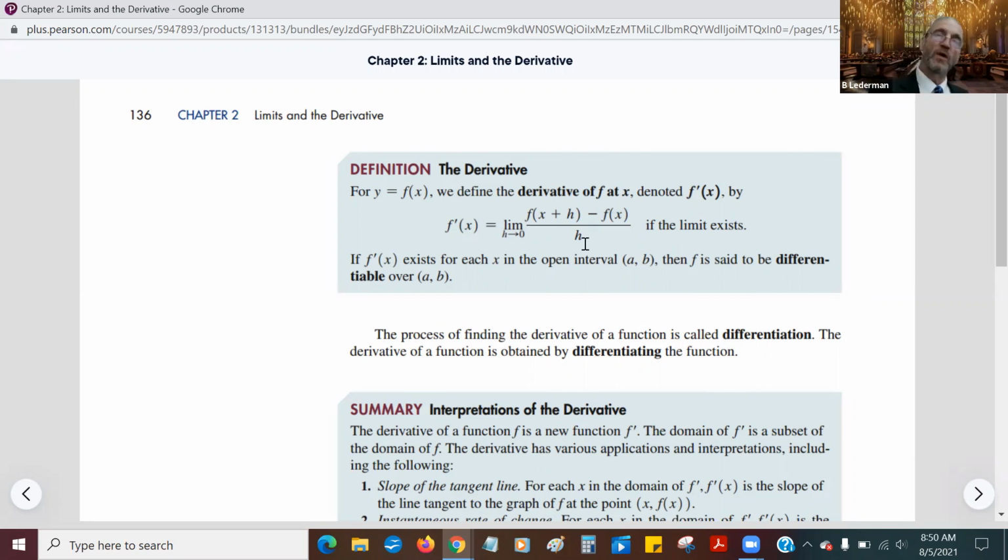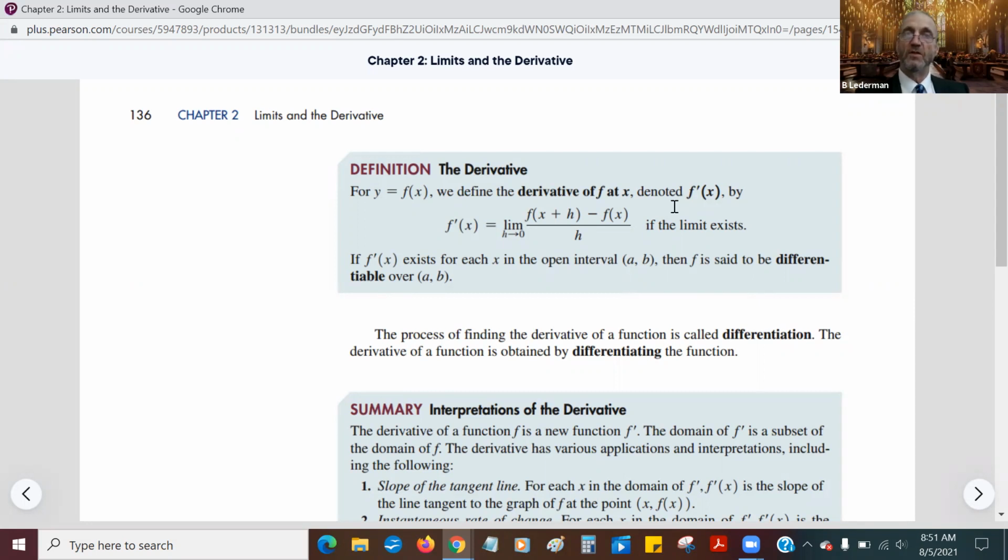It's basically the same formula we had on the page before, only instead of a plus h and f of a, it's f of x plus h minus f of x. So I don't have to do a separate problem when a equals 1, and a separate problem when a equals 2. This way, whatever the x is, we're good to go.